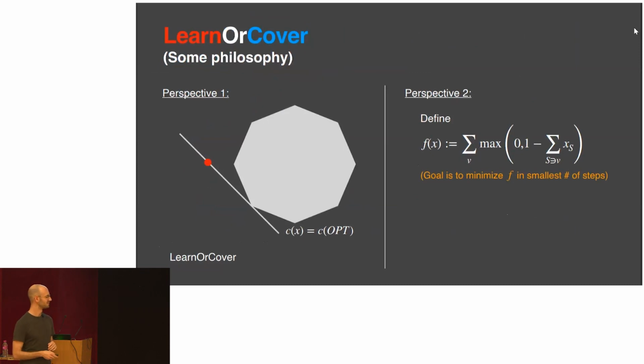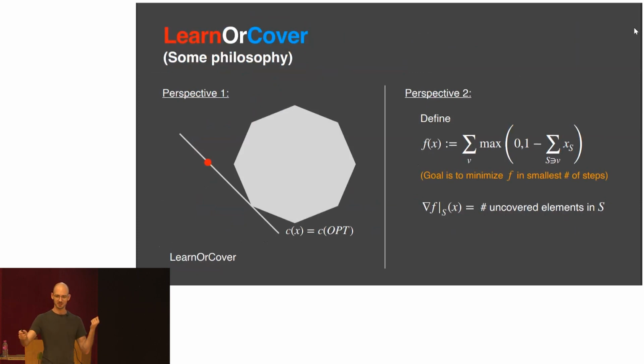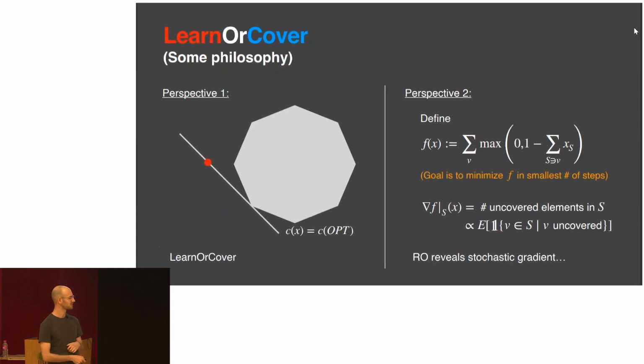Bear with me for a sec. So the gradient of this function f is a vector, and the coordinates of this vector are indexed by sets. The gradient entry for S is the number of uncovered elements in S, which is proportional to the expected value of the indicator of whether or not the incoming element is uncovered. So my point is that the random order is revealing the stochastic gradient of this function.